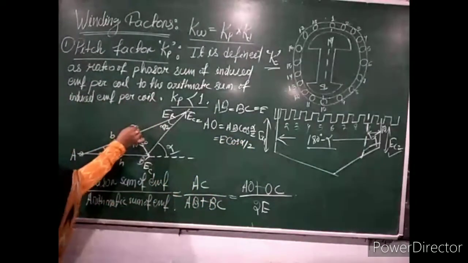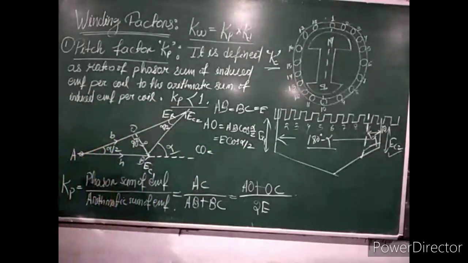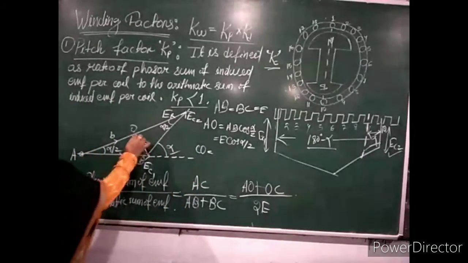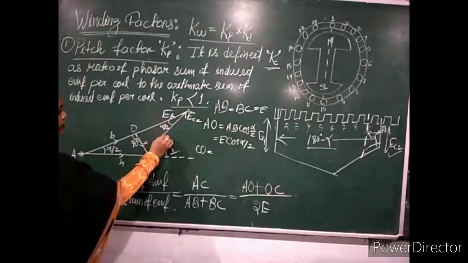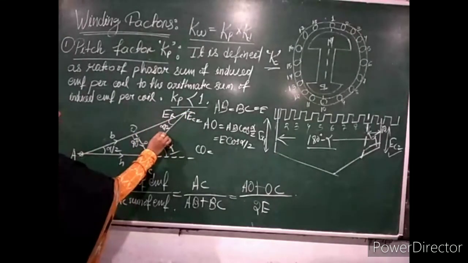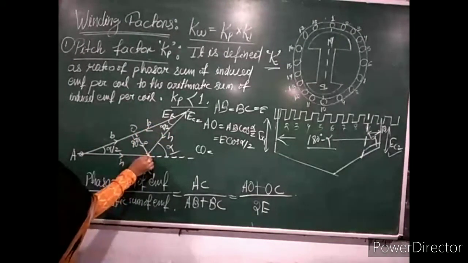Similarly, you find OC or CO. If you see this triangle, then this part is the hypotenuse, this one is the base, this one is the perpendicular.